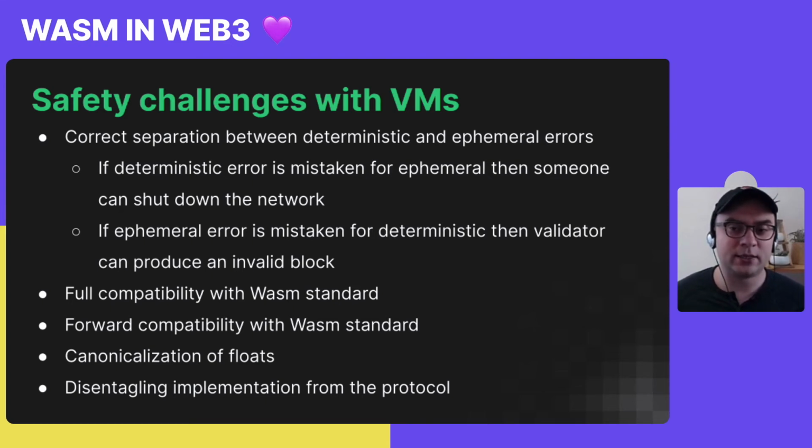And surprisingly, even if you're importing a library that doesn't use floats for math operations, let's say some cryptographic library, it still might have some float operations in there because of how, for instance, Rust does string formatting for panics. So we decided to allow floats in NEAR smart contracts, but now we canonicalize them.